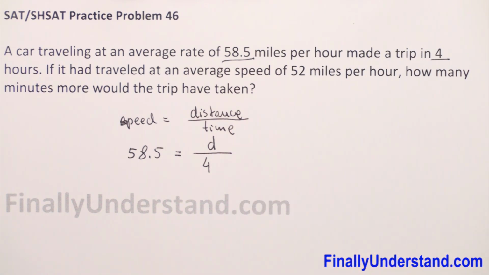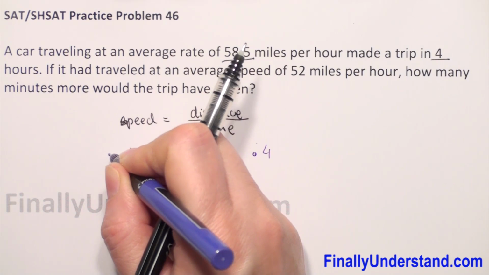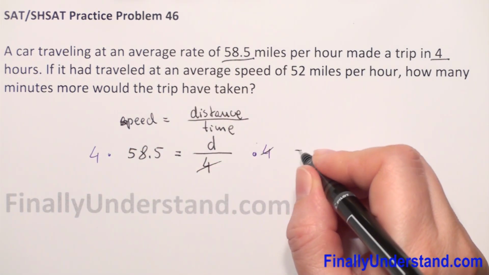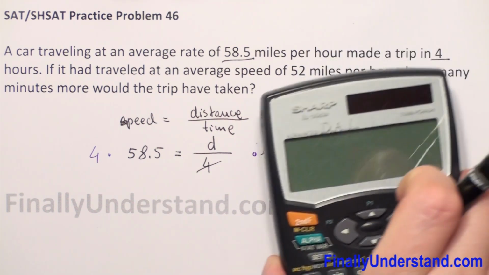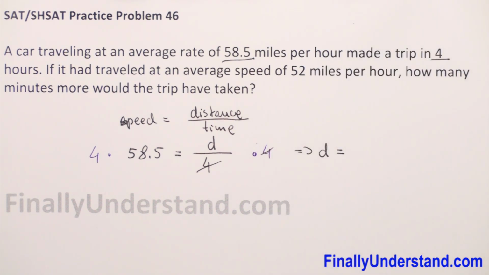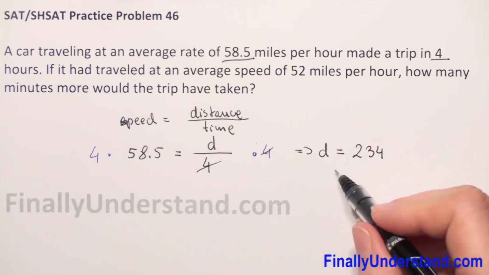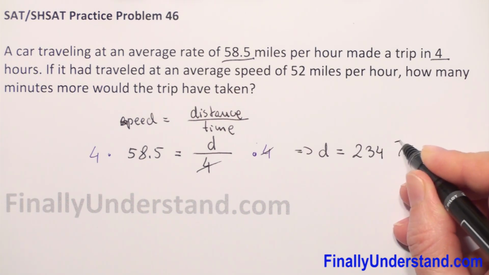So now I will multiply both sides by 4. 4 and 4 will reduce, and we have that the distance is equal to 4 times 58.5, which is 234. So we found the distance is 234 miles. We can write it in brackets.